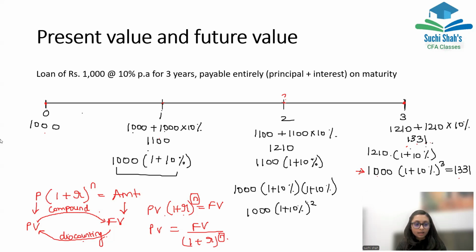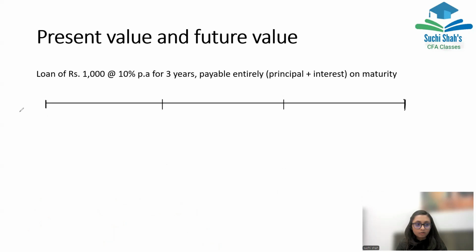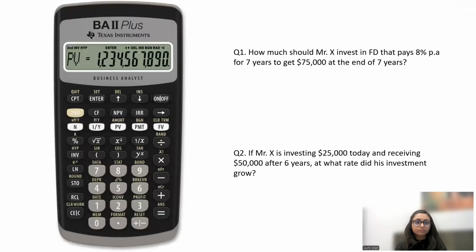Now, financial calculator is available in the market, or you can for now download this application which is called as BA Financial Calculator. Okay, this is available on the Play Store and App Store. You can download this application. It will look exactly like this.